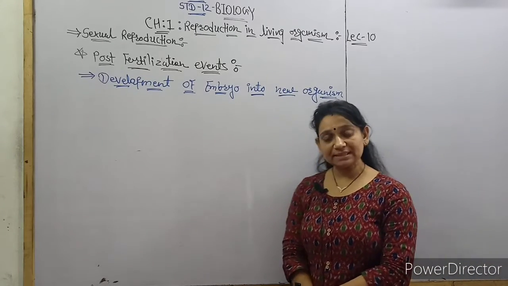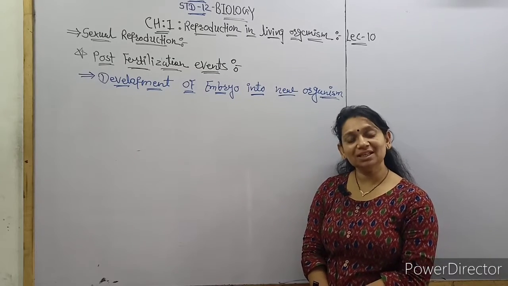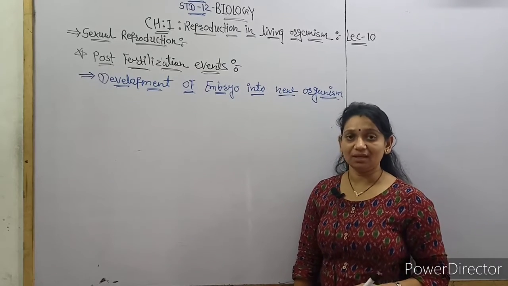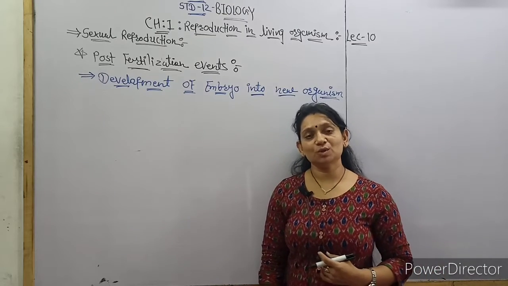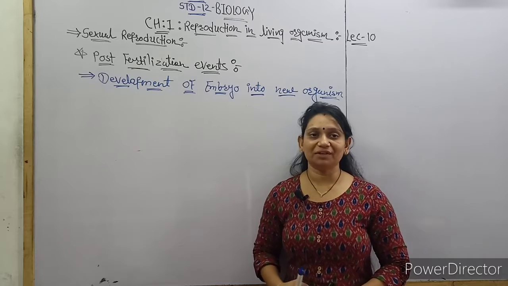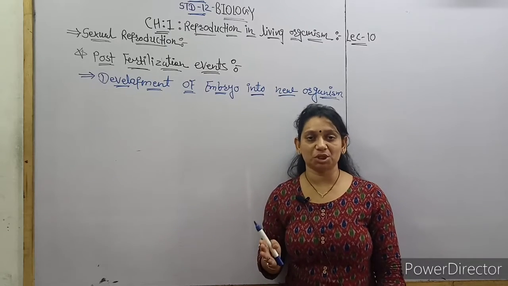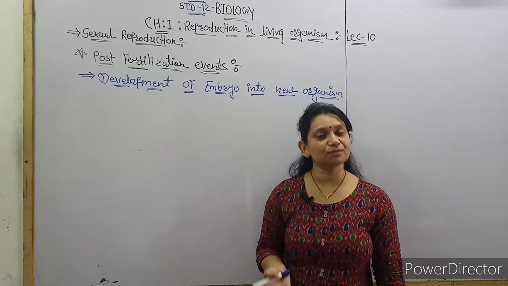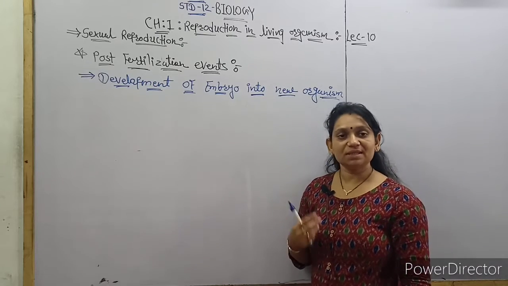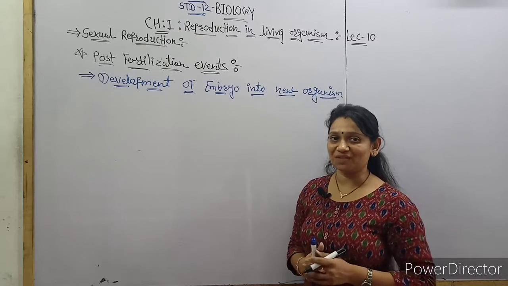Okay, now beta we will see these post-fertilization events, especially in case of the flowering plant. Fine. Now beta, as you know very well, your second chapter is specially about the reproduction in a flowering plant. So there you have to study in a lot of depth the three events of reproduction for the flowering plant, that is pre-fertilization, fertilization and post-fertilization.